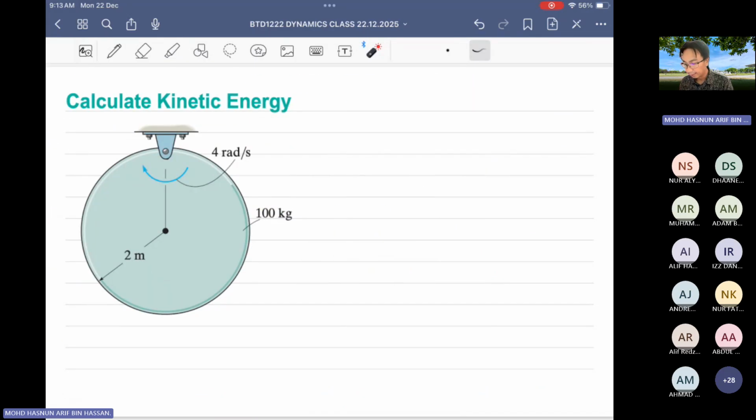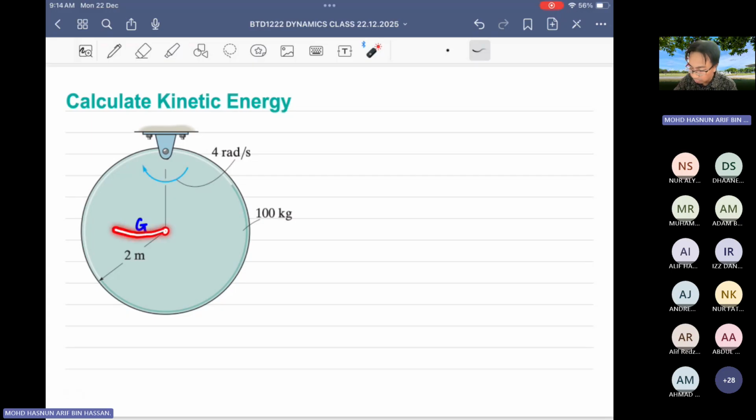Okay, calculate kinetic energy. I think this is the same as the previous one, but the difference is that in the first one, the fixed point is here at the center of gravity, whereas now the fixed point is here. The previous one does not have linear motion, but this one has linear motion, because when you refer to point G, let's label it as point G here, it travels from here because of the rotation.